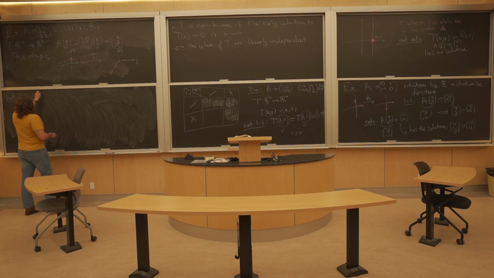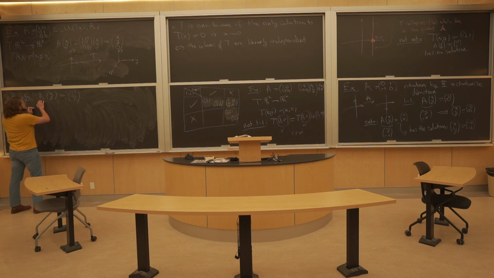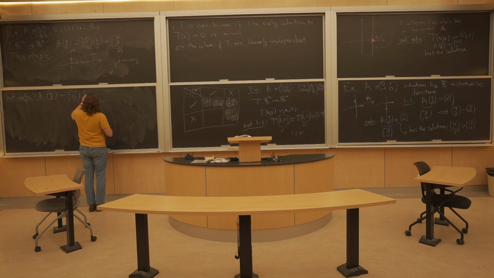For instance, (0, 0, 1) has no solution, because no matter what this is, the z coordinate is always going to be 0 here, based on the definition. So this has no solution.